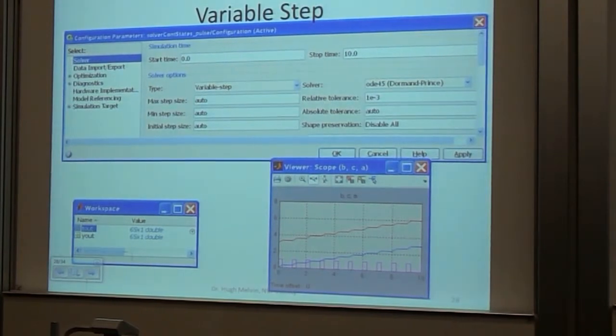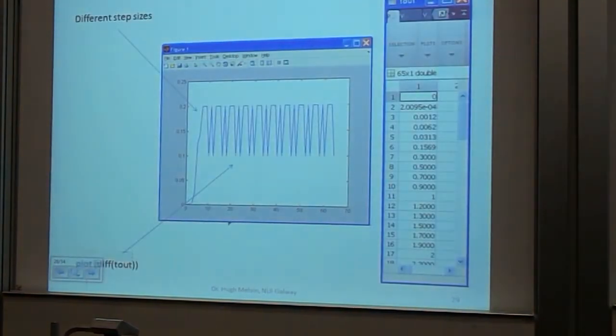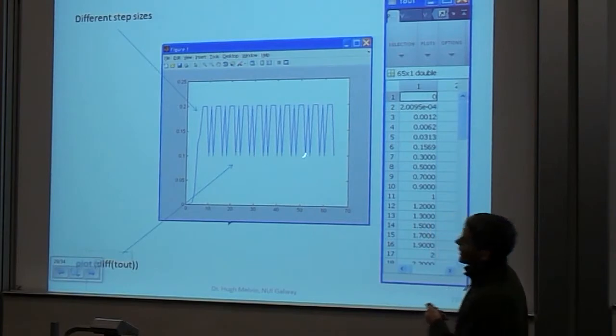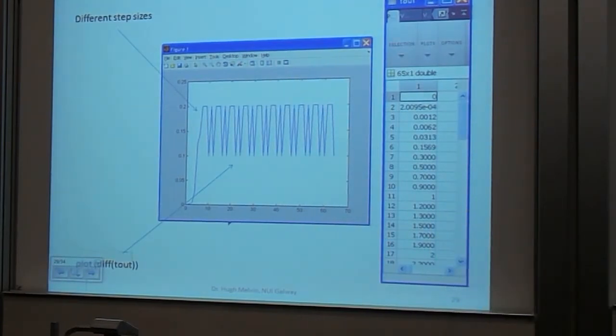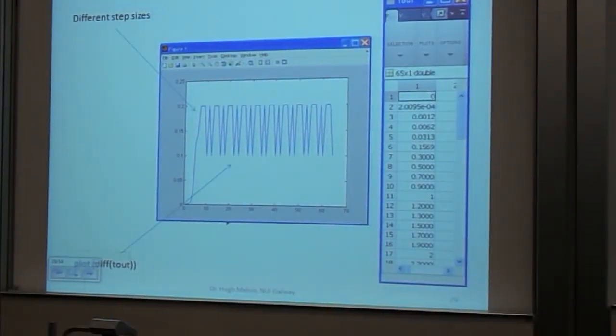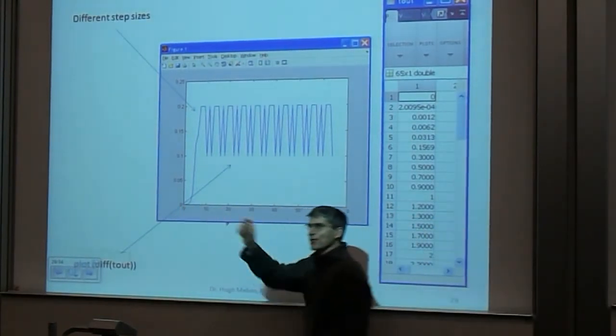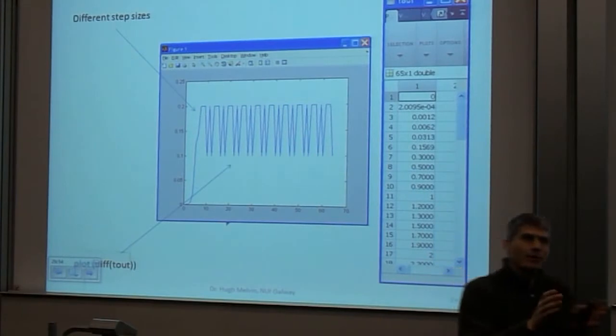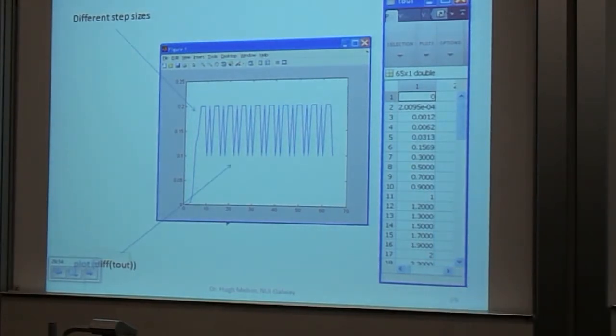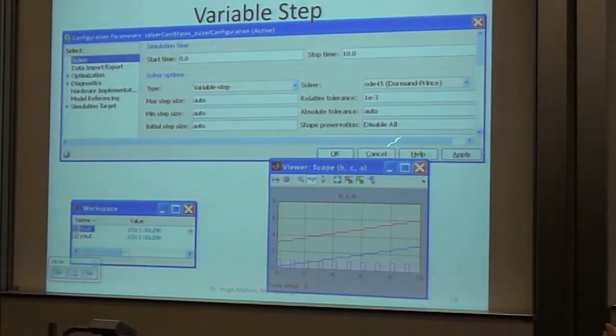And if we look at the step size, this is what you get. Again, Simulink is deciding as the model proceeds what the step size should be, because now that it's variable step, it is designed to work within these tolerances here.